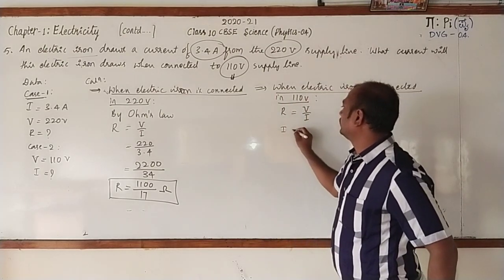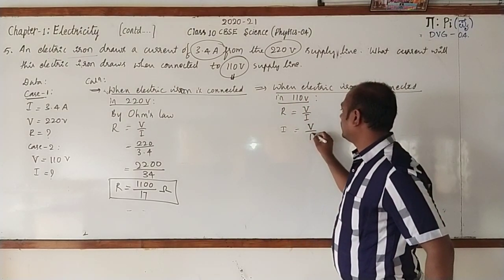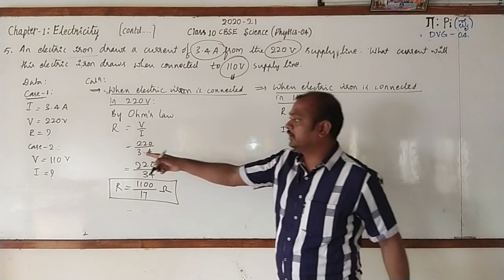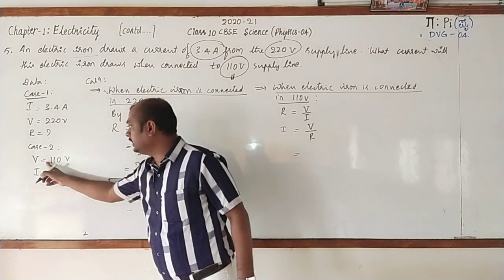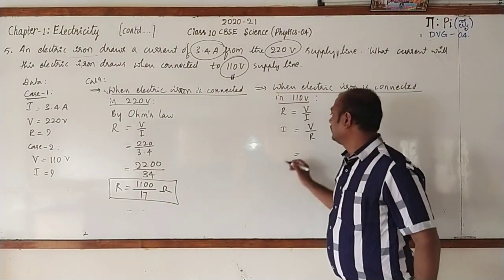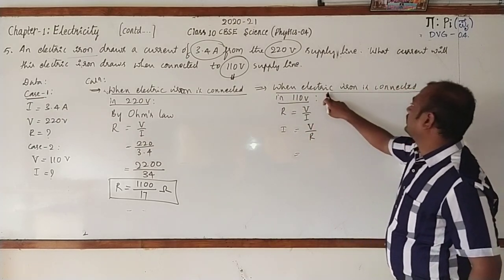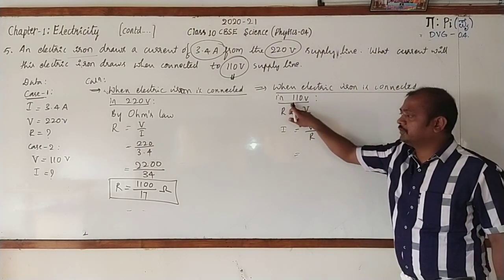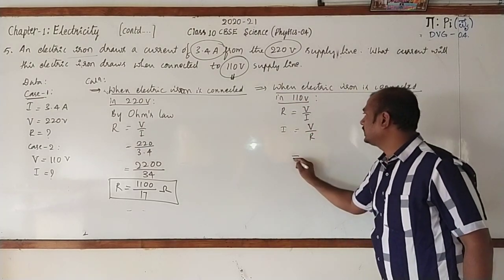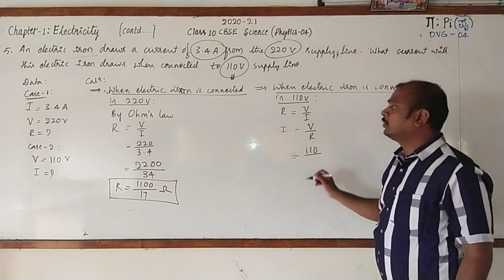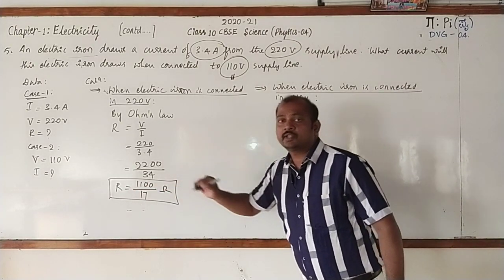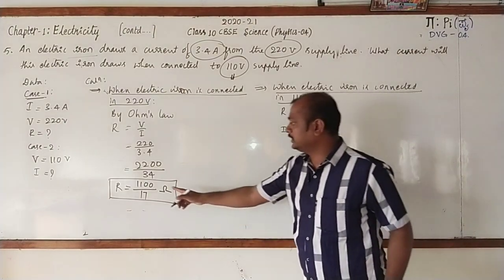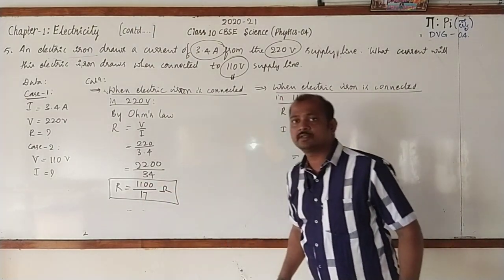I is equal to V by R. Then what is V? You can observe that V is 110. It is when the electric iron is connected to 110 volts. Hence voltage will be 110. What about the resistance of the electric iron? It is 1100 by 17.